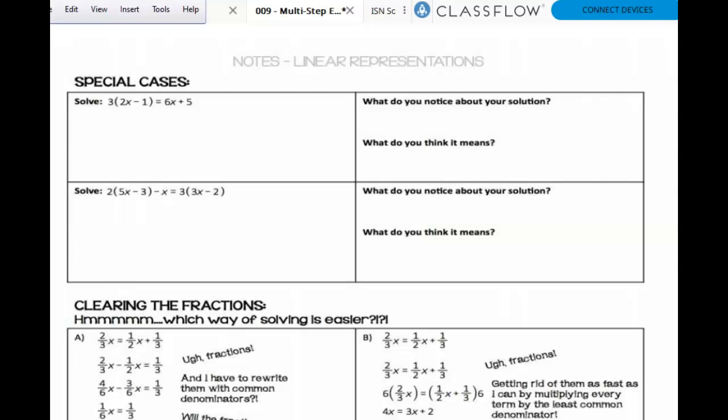The two top ones. Oh my gosh, you're just looking at me and scared?